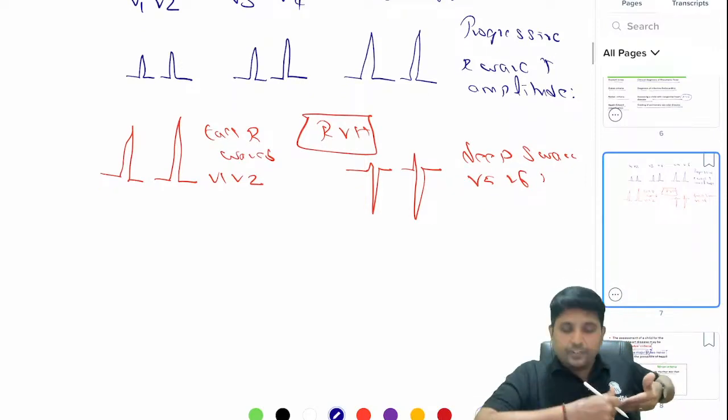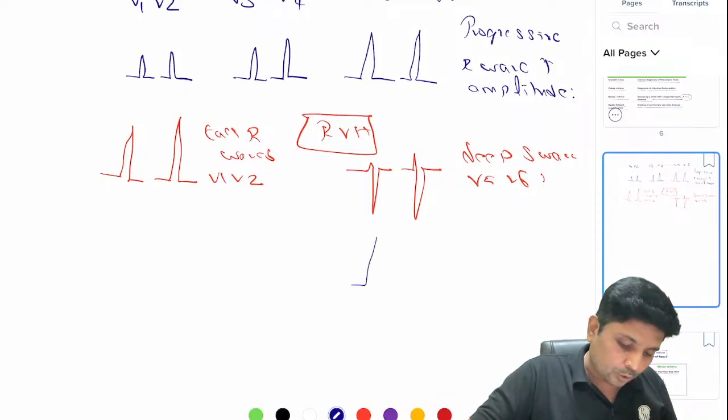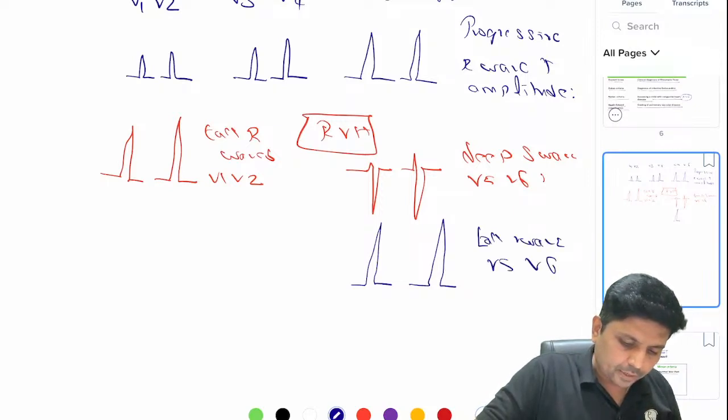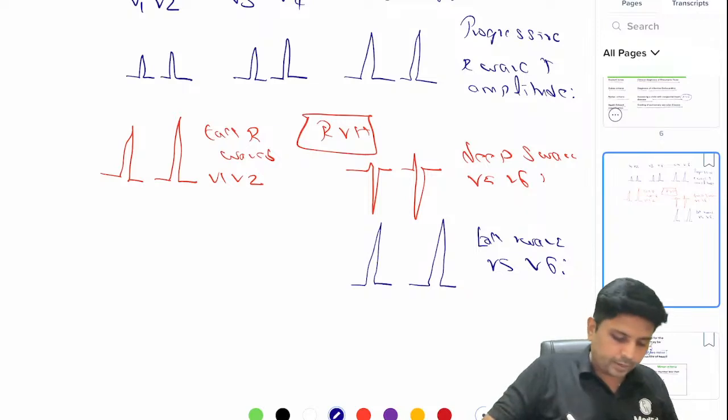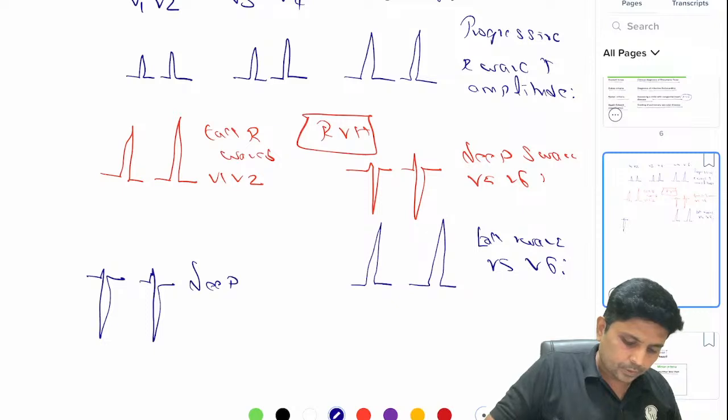Whereas in case of left ventricular hypertrophy, you have a very tall R wave in V5 and V6, whereas deep S waves in V1 and V2.